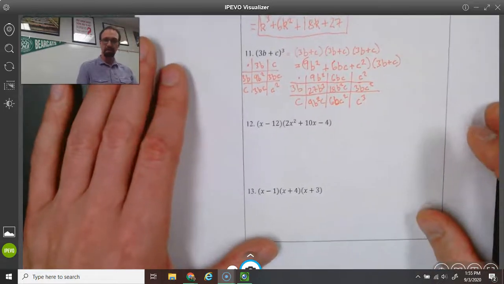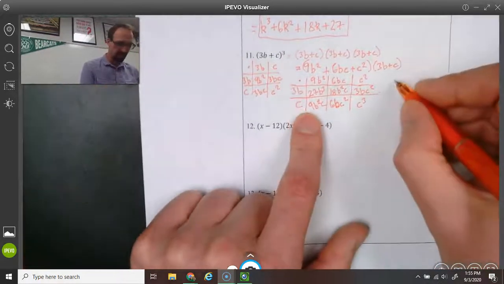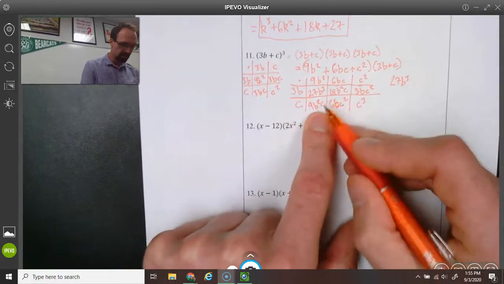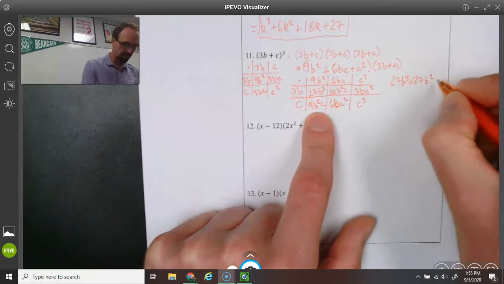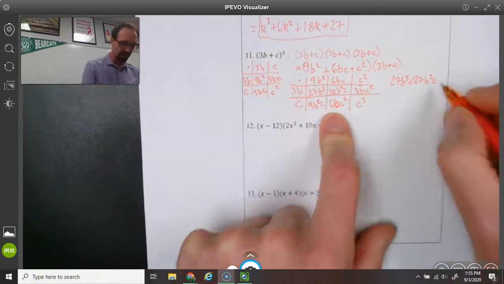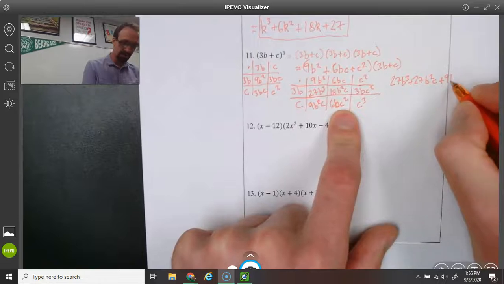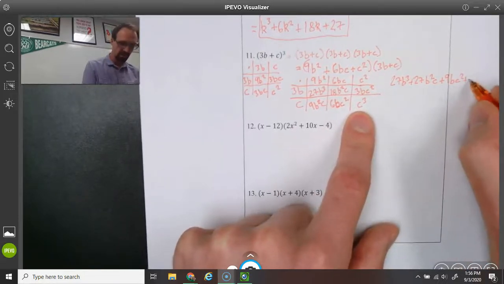If I add these up, that's going to give me 27b cubed. These two combine together to give me 27b squared c. These two combine together to give me 9bc squared, and then plus c cubed.